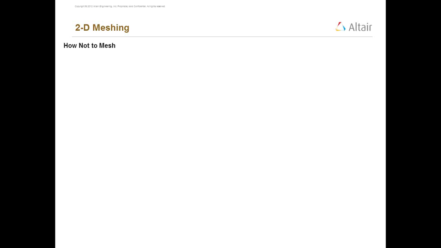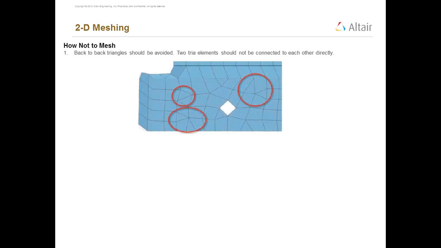Then the most important part is how not to mesh. There are different rules assigned by the industry on how not to mesh, which start with back-to-back triangles should be avoided. 2 tria elements should not be connected to each other directly, as you can see in the circled regions, as they increase the stiffness.